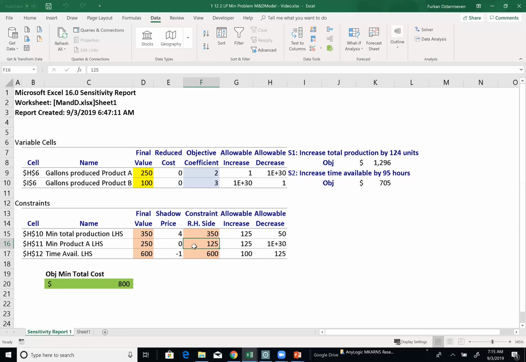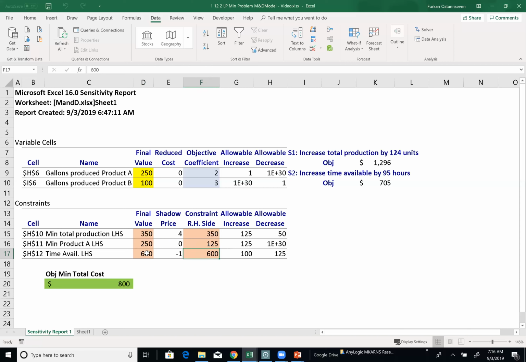So although I have a requirement of only 125, I produce more than that anyway. So I could increase the right-hand side value up to 125, which will make my constraint binding or a bottleneck. But while I'm increasing up to a 125-unit requirement, my objective function won't change at all because anyway I'm producing 250.